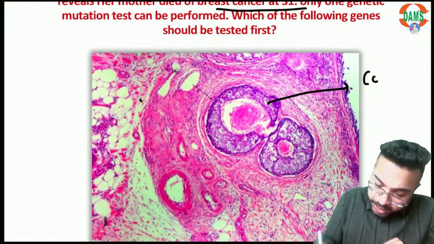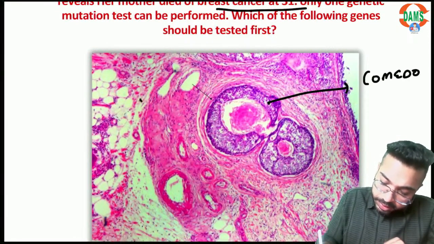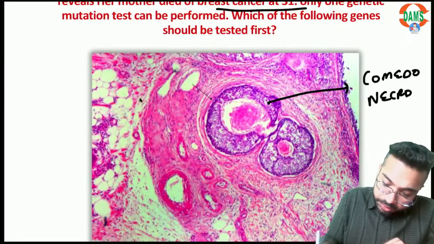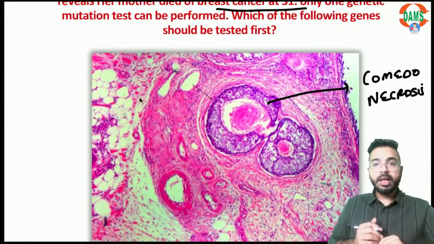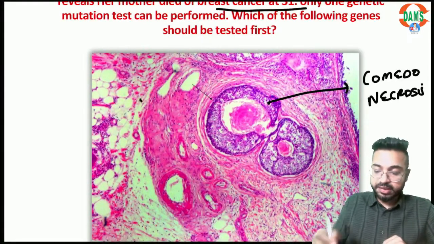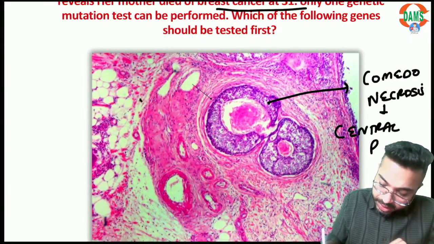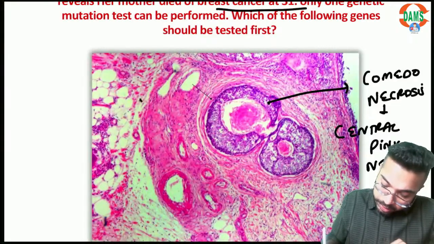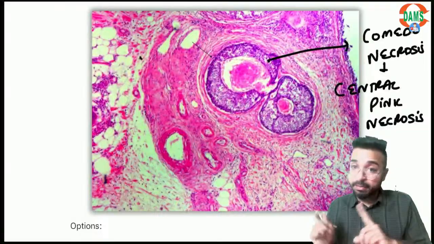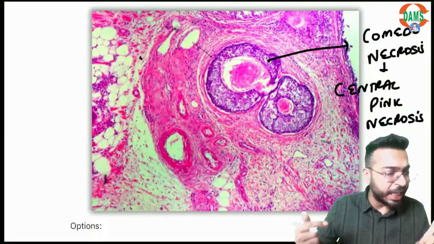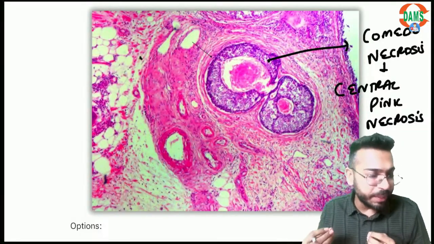They gave an image of comedonecrosis, this central pink necrosis. Was this image given, guys? There was a mammographic image and a histopathology image, and this most probably would have been the histopathology image.